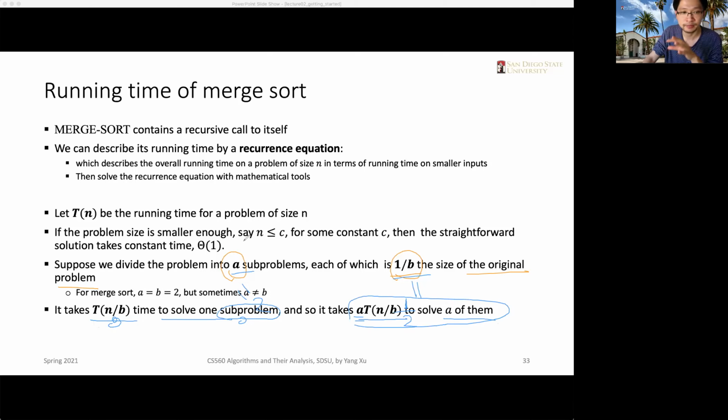That makes sense, right? Because T of n is a function that describes the time given the problem size. Now we know the problem size is n over b, so the time for solving it is T of n over b. And there are a of such problems, so the total time is a times T of n over b. All right, that's the mathematical notation we need to use.